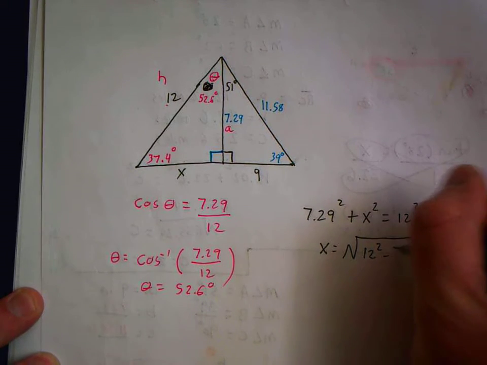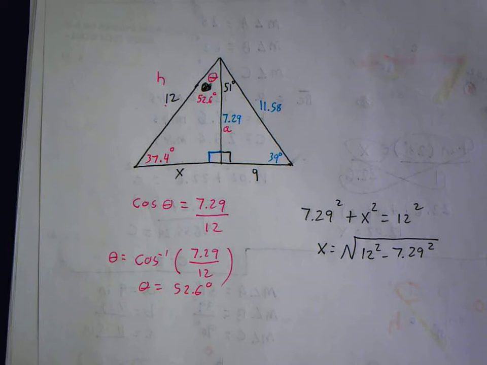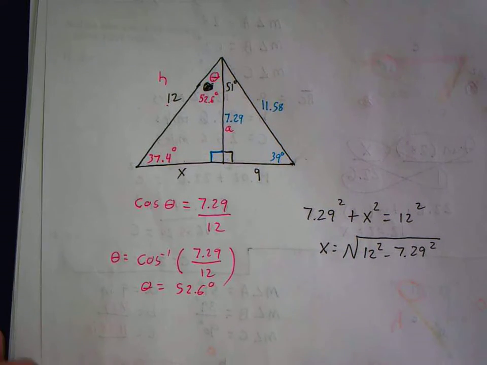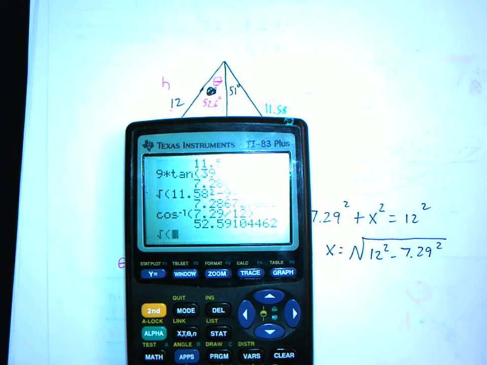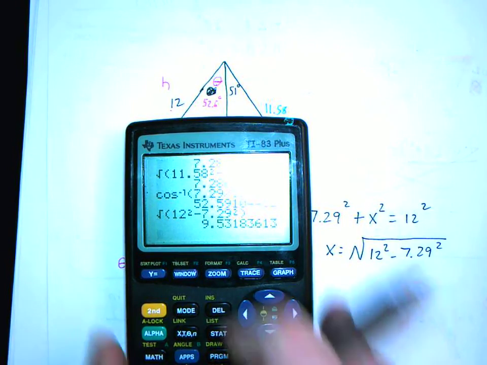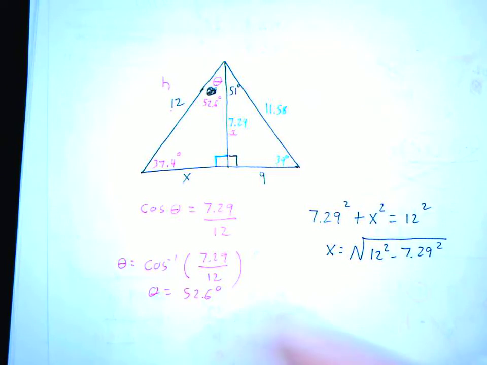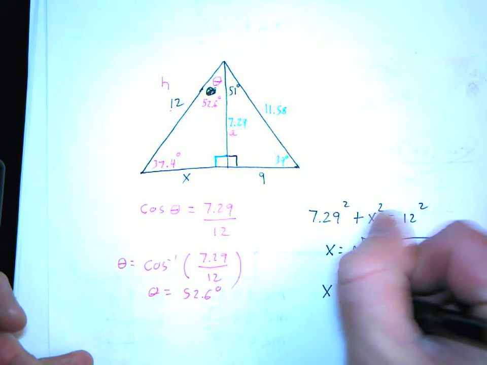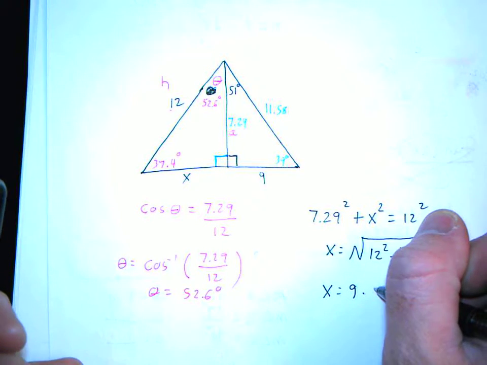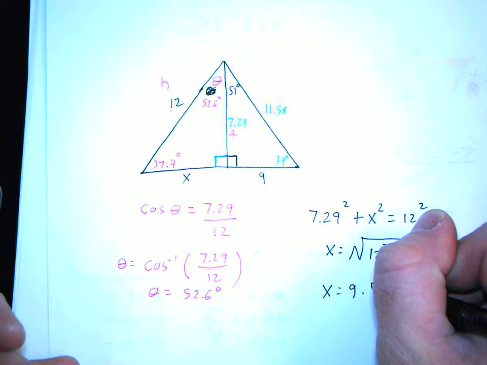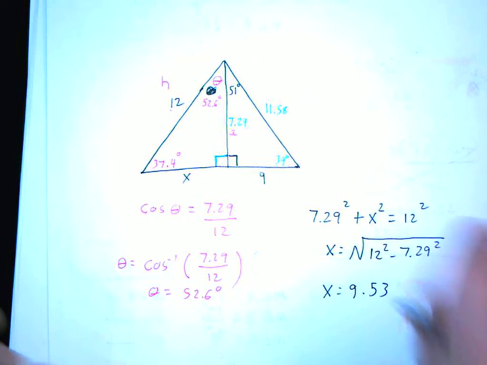This ends up being this. Pythagorean theorem, I make jumps. I've done it so many times. You subtract the hypotenuse and leg and take the square root. I just type it in all at once to save time. Square root, 12 squared minus 7.29 squared, 9.53.